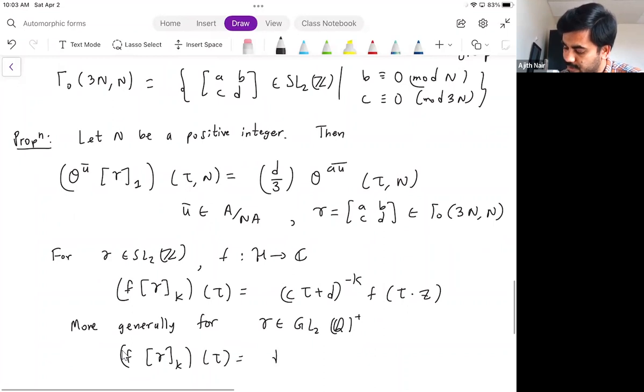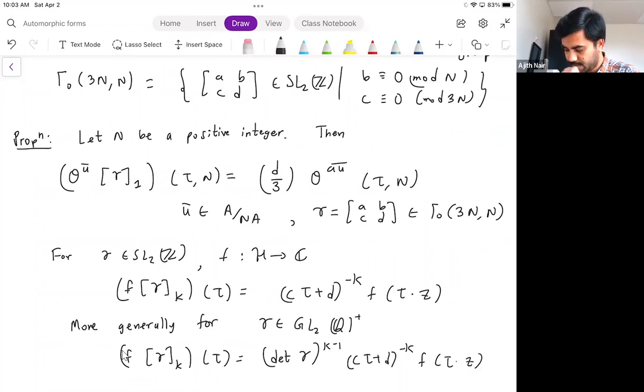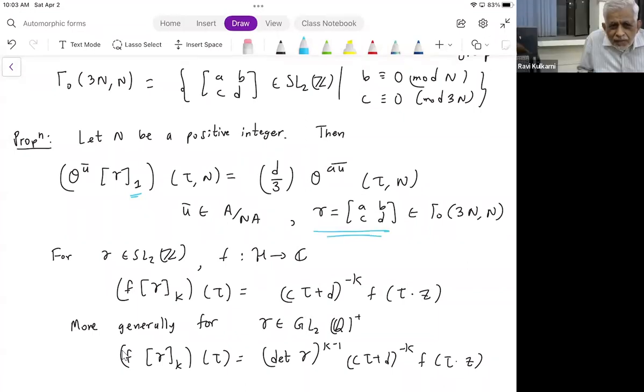So this is defined as determinant gamma to the k minus 1, times c tau plus d to the negative k, and the rest is as it is, f of gamma tau. Okay, so here we are looking at k equal to 1 and gamma inside SL2Z. Gamma naught 3n comma n is a subgroup of finite index in the modular group.